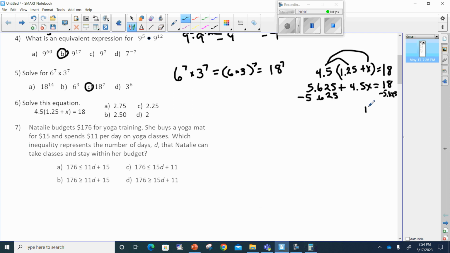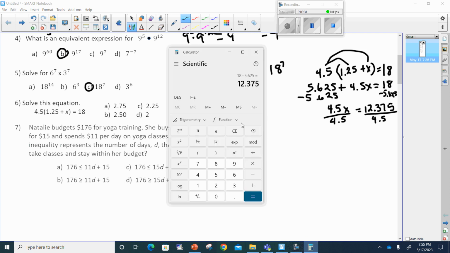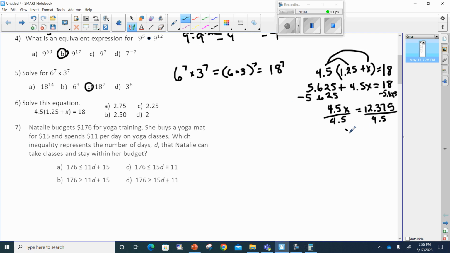So we got 12.375 on this side, and that's going to equal 4.5x on this side. I'm going to divide away 4.5. When I take that 12.375 and divide it by 4.5, I get 2.75. So x is 2.75.